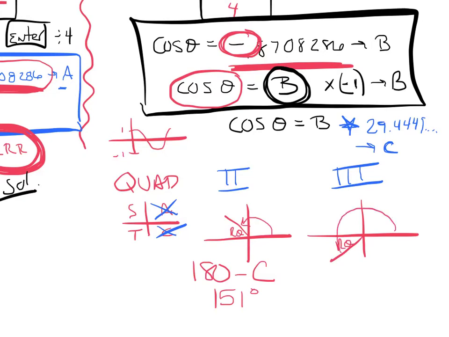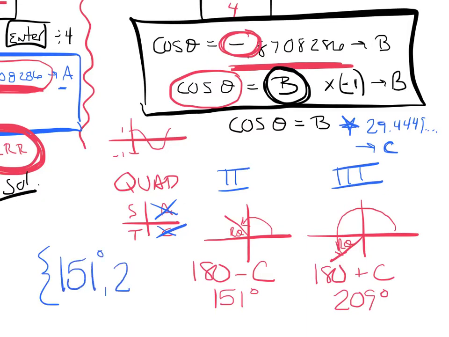To get the whole thing, I'm going to say that's 180 plus angle C. Rounding this answer to the nearest degree gets me 209 degrees. So my final two answers in my bracket notation are 151 degrees and 209 degrees. And the other one, of course, was a no solution. But I think you can get an appreciation for what I mean by a lot of storing.